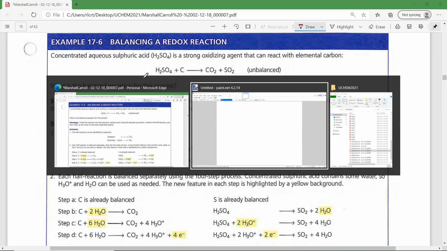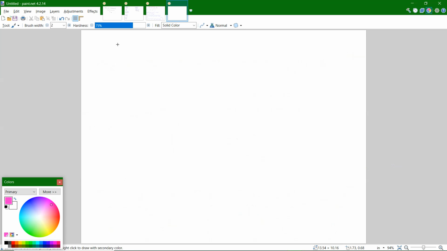Okay, so let's go to example 17.6 on page 839. So we're going to have H2SO4 plus C goes to form CO2 plus SO2.